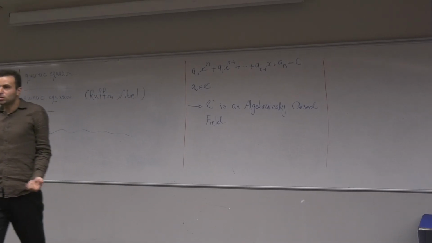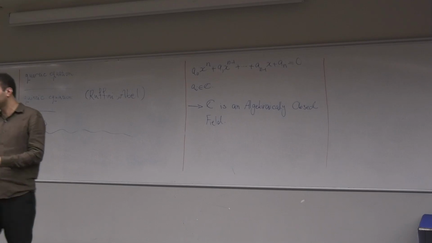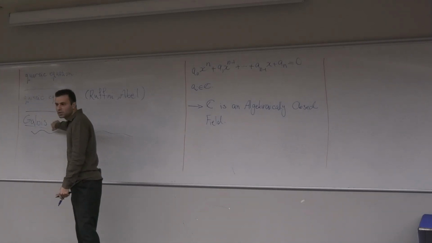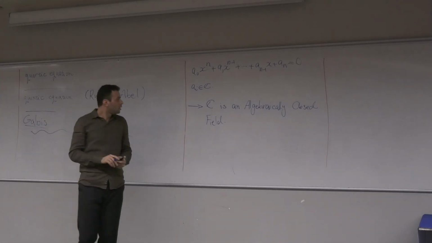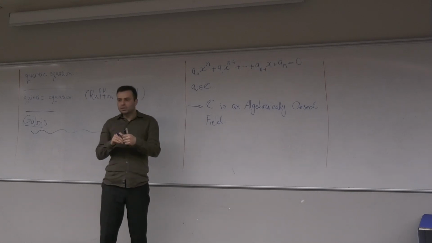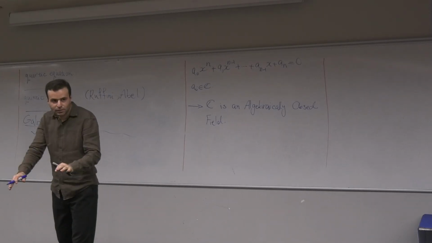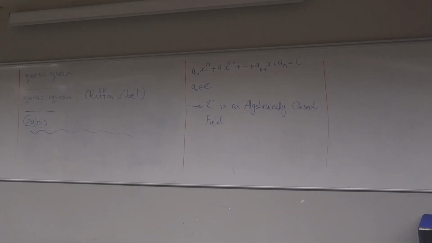Okay? But do we have a general formula for these n roots? No. Unfortunately, we do not have a general formula to write them, based on the works of Galois. Okay? But in the set of complex numbers, no matter what polynomial equation you are going to write, you are always going to find a root. What does this mean?